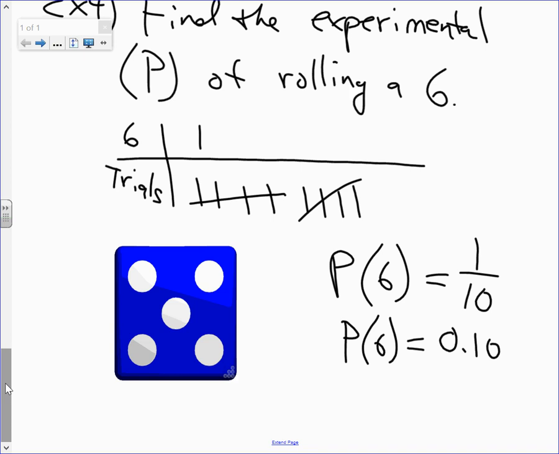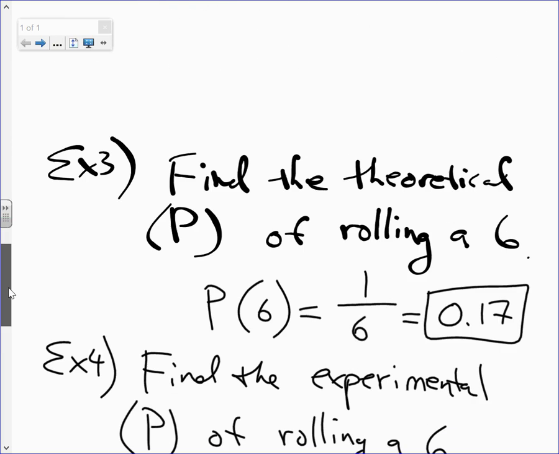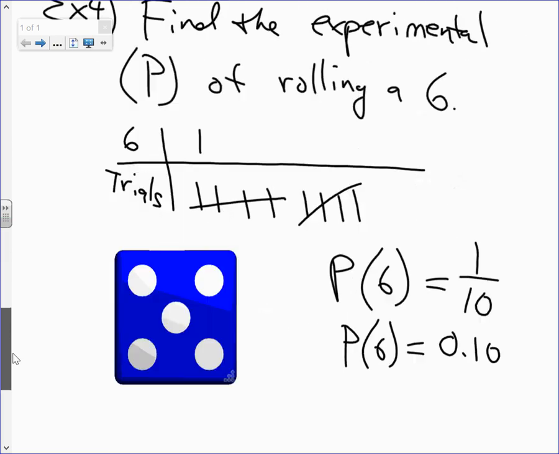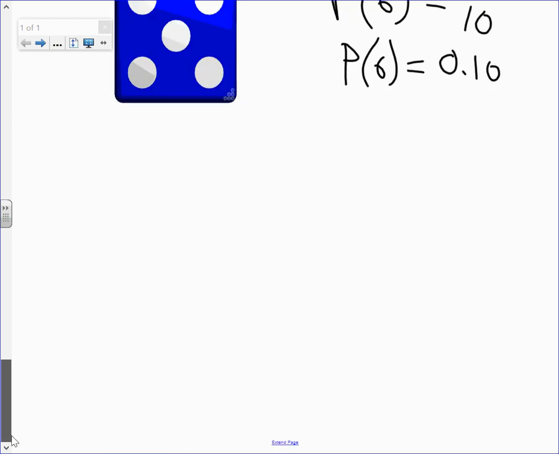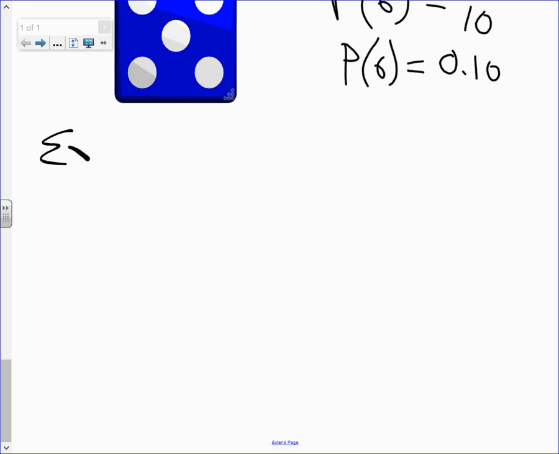Last example. So we know the difference between theoretical versus experimental. Last example, this is example 5, just for now, before the break. Again, is it on the back side of your paper? Example 5.